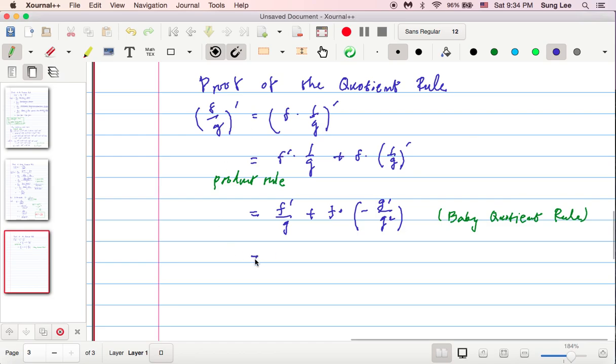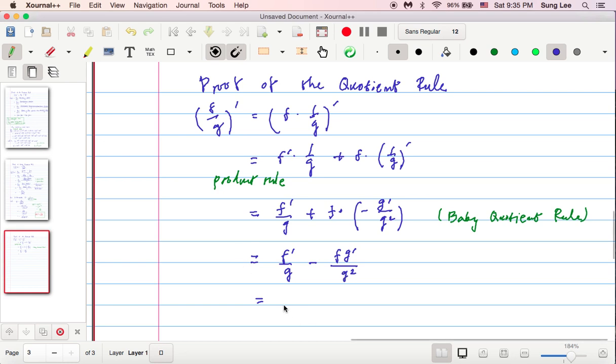So we have f prime over g minus f g prime over g squared. In this case, the common denominator is g squared.